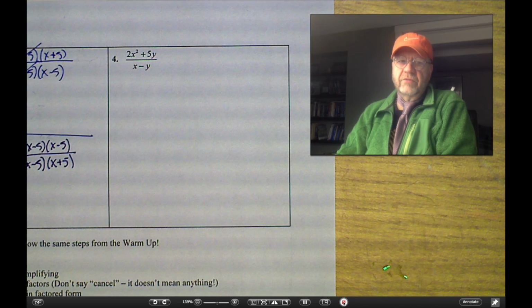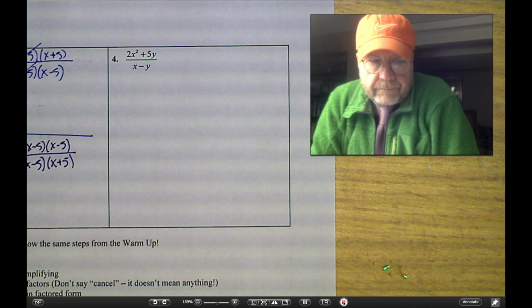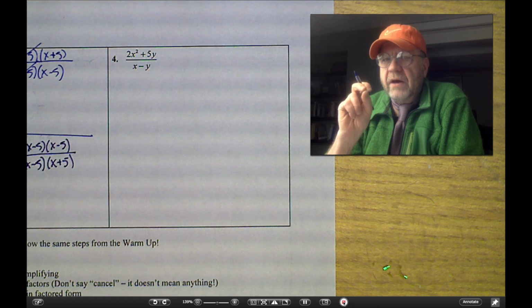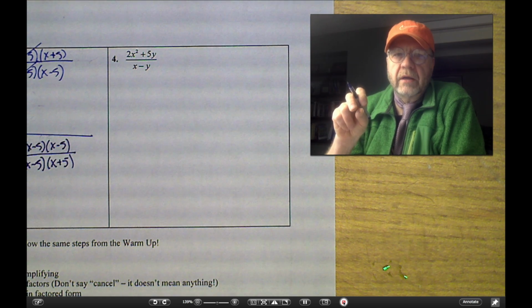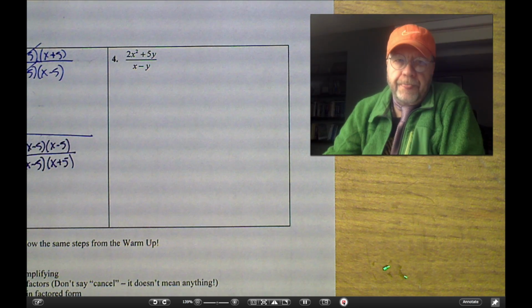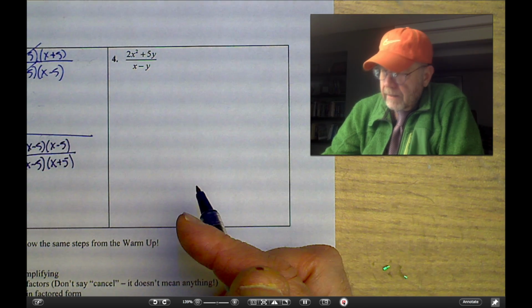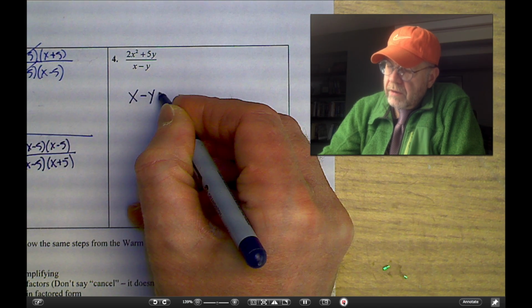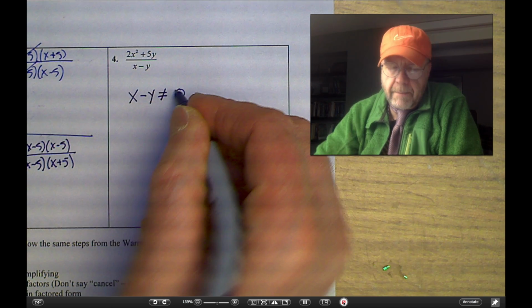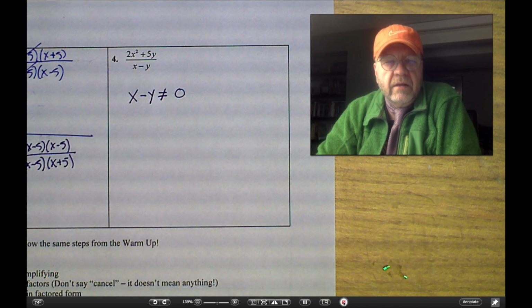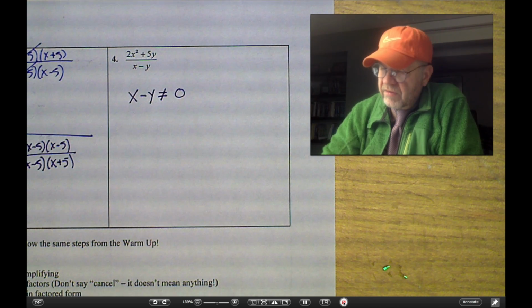Well, let's take a look at this one here. Now we have two variables, and so we have to figure out what values of x and what values of y are not permissible. Well, I'll tell you one thing. You know that this whole bottom expression may not equal 0. x minus y may not equal 0.